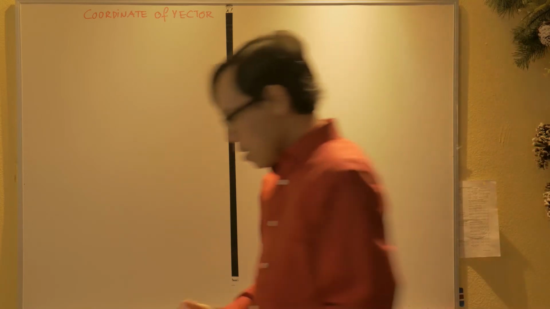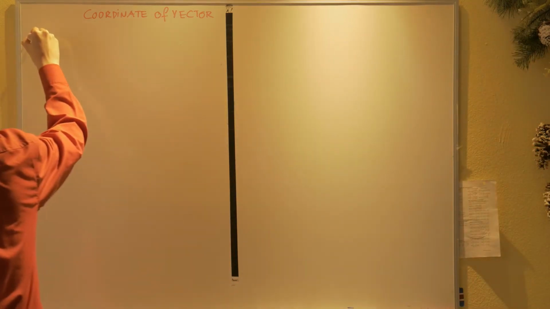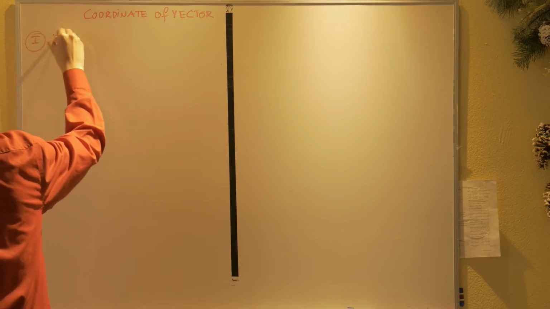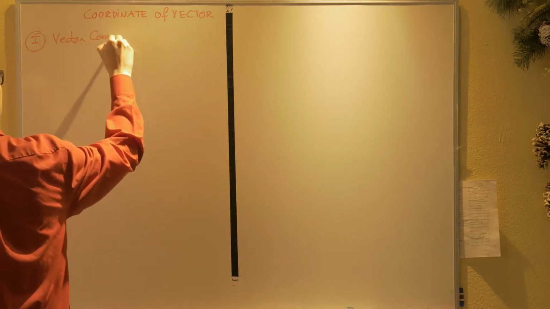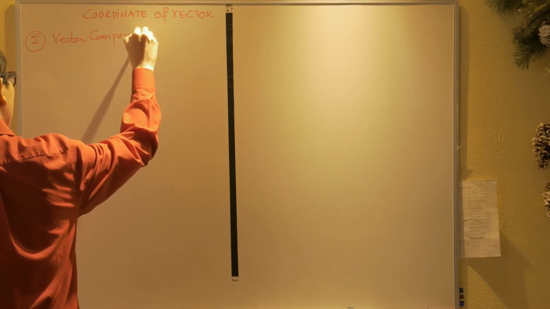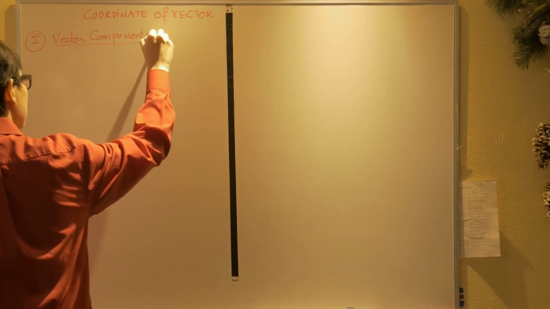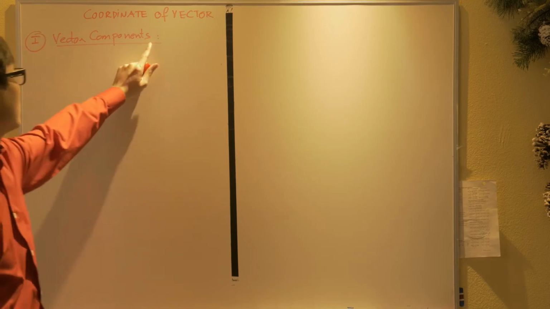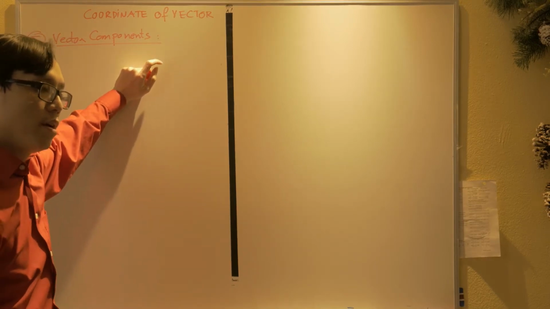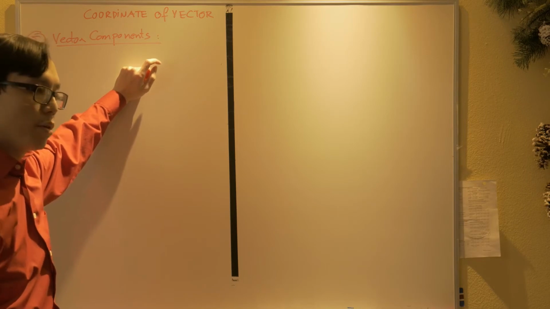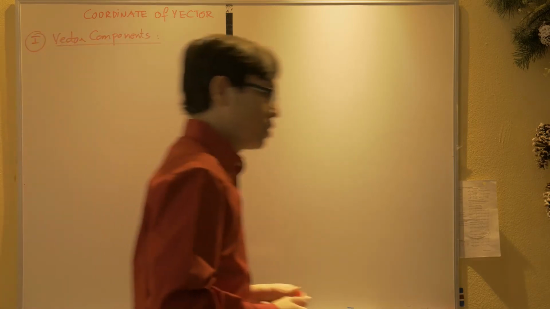So the first thing I want to talk about is vector components. The reason I'm using the plural is because they have x and y components, the same thing as for a point. We also have x and y components.